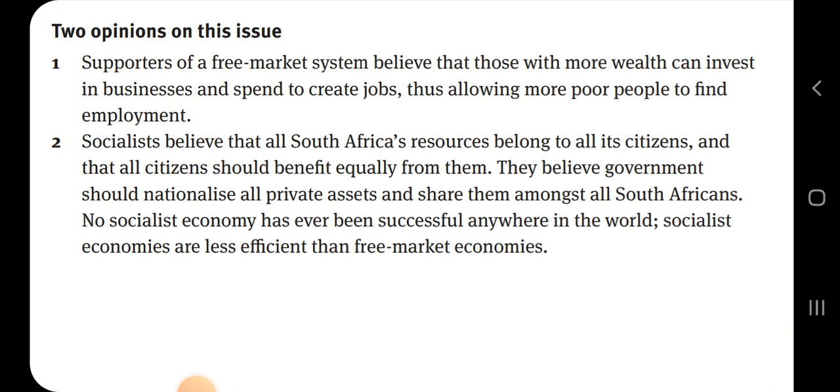They believe government should nationalize all private assets and share them among all South Africans. No socialist economy has ever been successful anywhere in the world. Socialist economies are less efficient than free market economies. So what I will advise you is to learn extensively about the free market system and the socialist belief. It can be asked as an additional question on your essay.